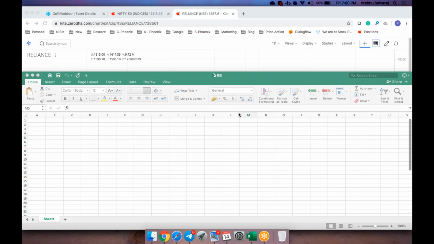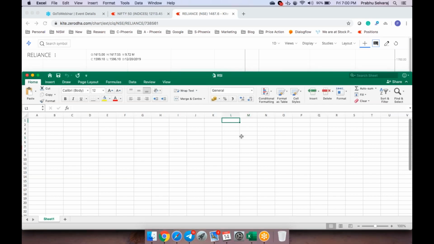Let me recap a small thing before we proceed further. As we've learned, you have to follow these five principles for every entry and every exit. Number one is candlestick pattern. First you should get a confirmation with the candlestick pattern that you have an entry or not.